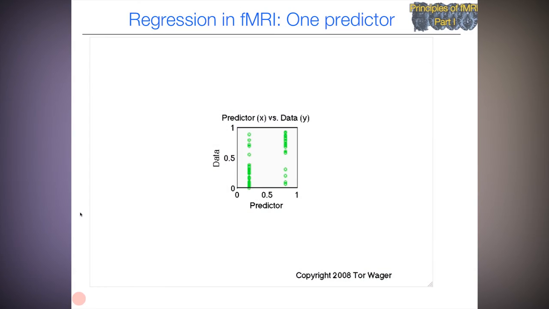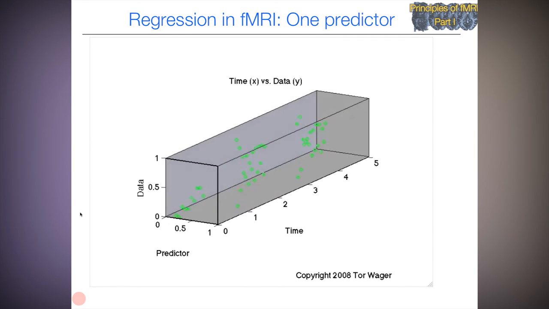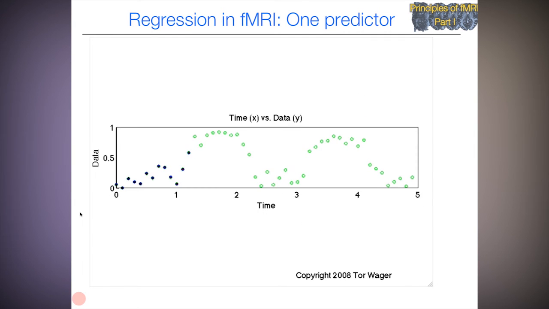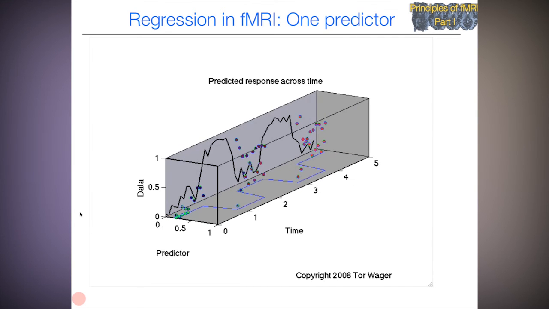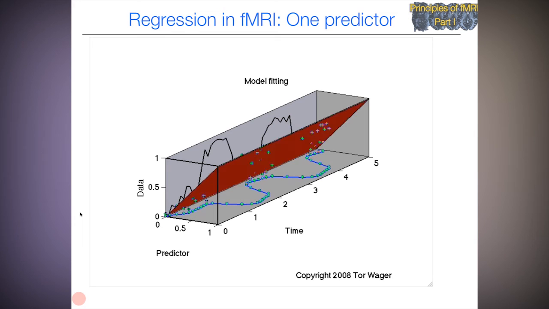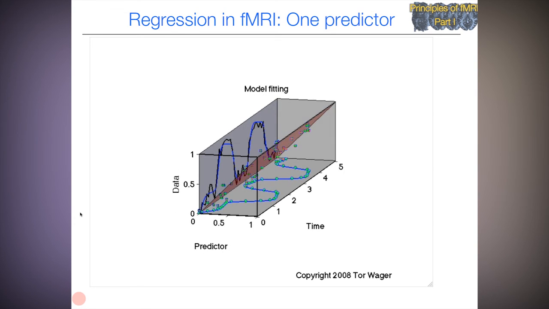So here's the typical space of the data, predictor versus data. But what's happening in fMRI is the data is actually sampled across time. So you can see the series of observations being collected across time, and there's the time series. Now, on the bottom panel, we see the predicted response with blocks, and now we're going to convolve it and shift it over so that it matches the data better. And now the data is sampled in the 3D space of predictor by observation. When I fit the model, I'm actually fitting a plane averaging across time.